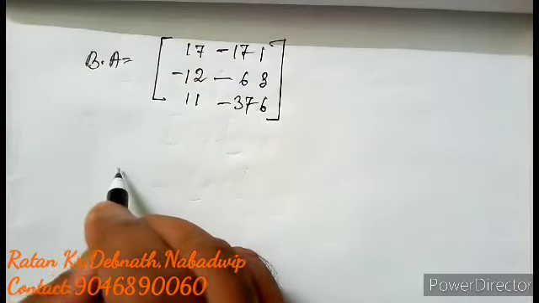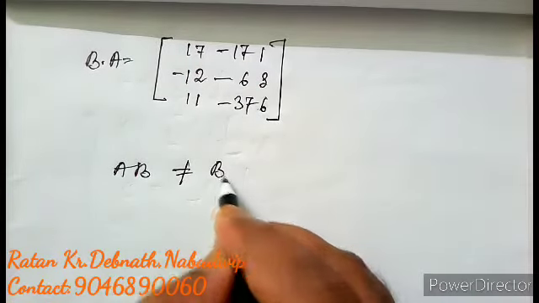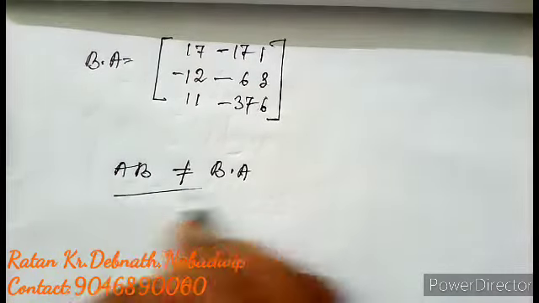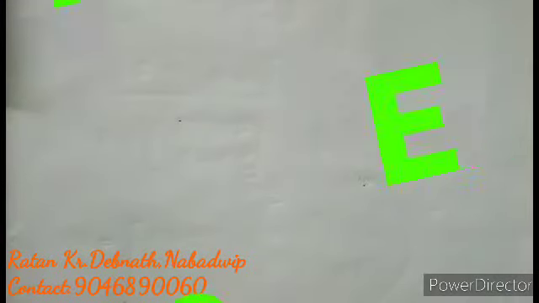Naturally we can say AB is not equal to BA. That is, matrix multiplication is not commutative in general, unlike matrix addition. Let me give another example that will help you a lot to understand matrix multiplication.